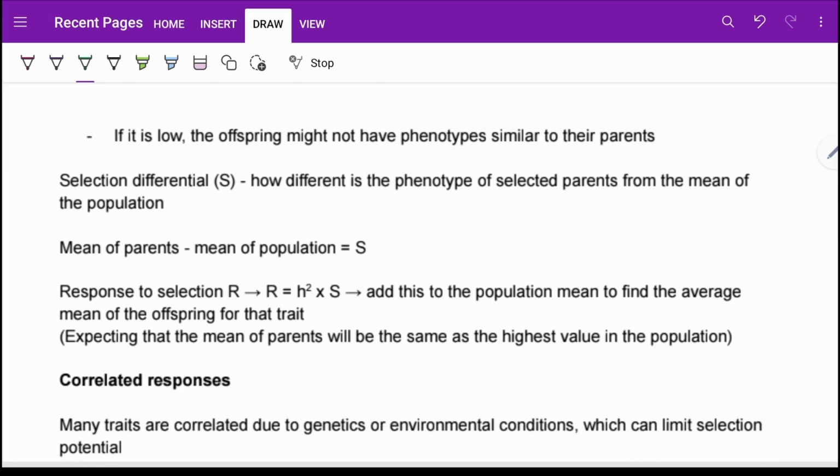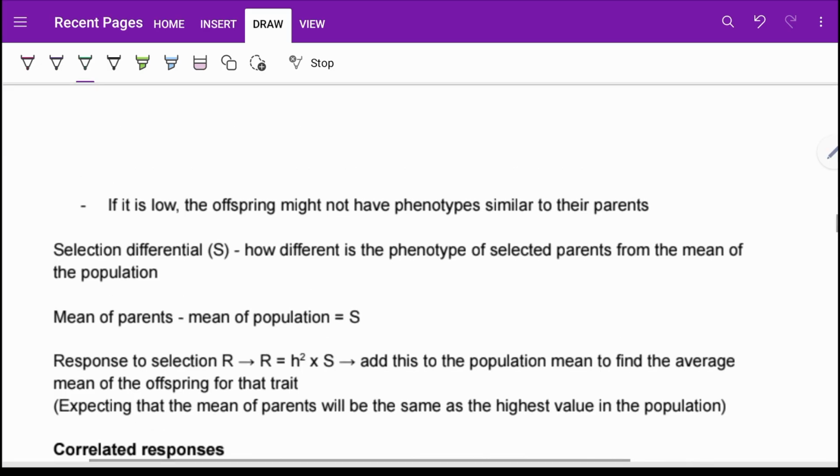We also have the selection differential, which is represented by S. And that is how different the phenotype of the selected parents is from the mean of the population. It basically says how above or below average you are. So we calculate this by the mean of parents minus the mean of the population.